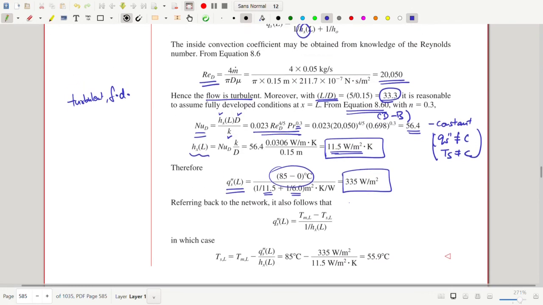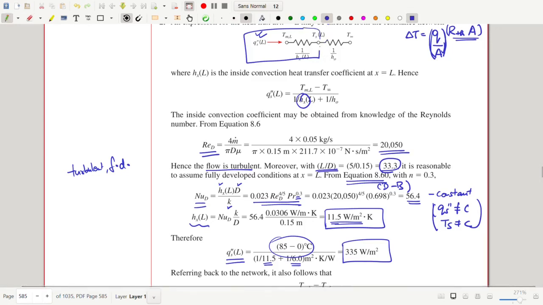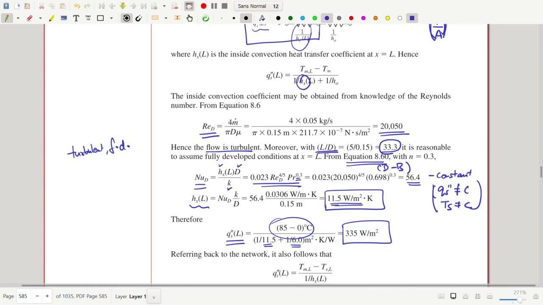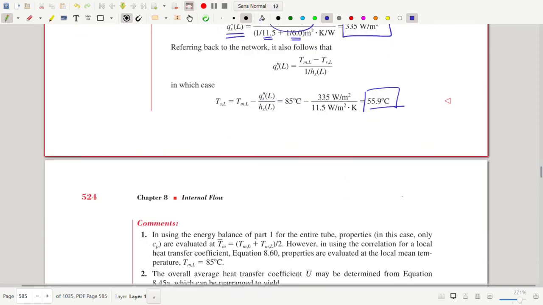For that, in this circuit, since the Qs double prime is now known to you, you can take this part of the circuit and simply say that the potential drop T mean minus T surface is equal to the heat flux, which is now known, times the resistance, which is also known from the Dittus-Boelter equation. When you do that, it gives you the surface temperature as 55.9 degree centigrade.